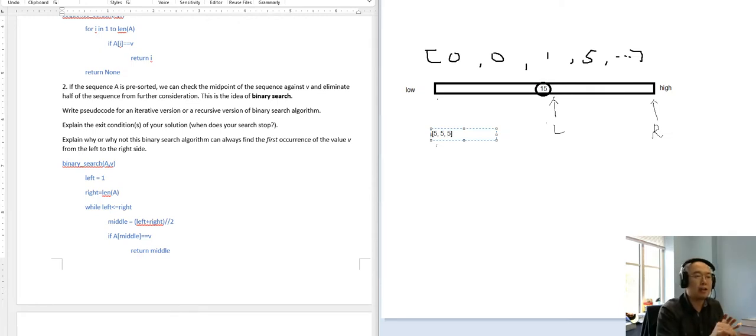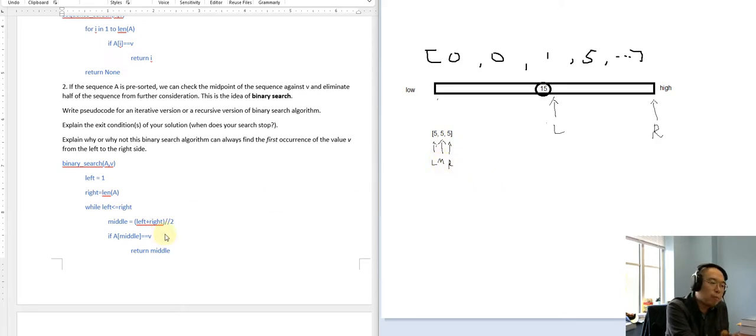It will return the first 5 I find. So in this case, which is the index to be returned? At the beginning, we have the left cursor and the right cursor at the two ends, and the middle one is indeed a 5.